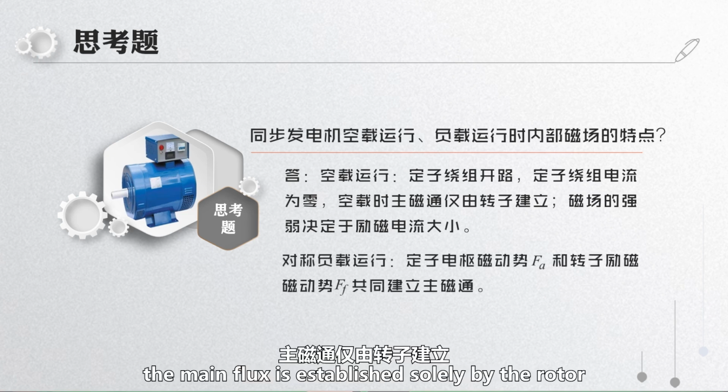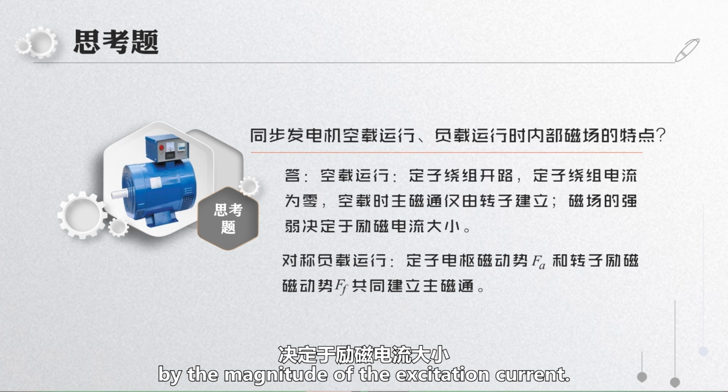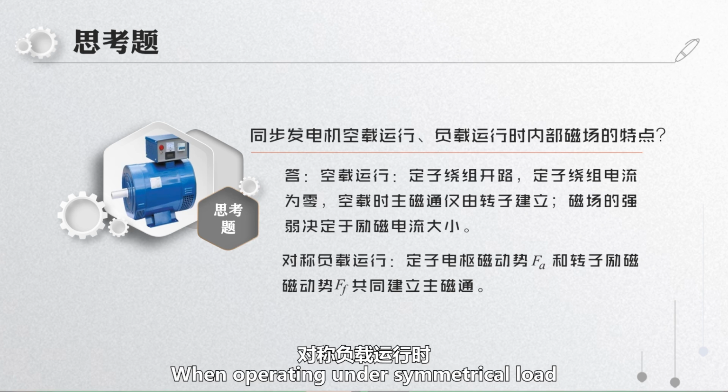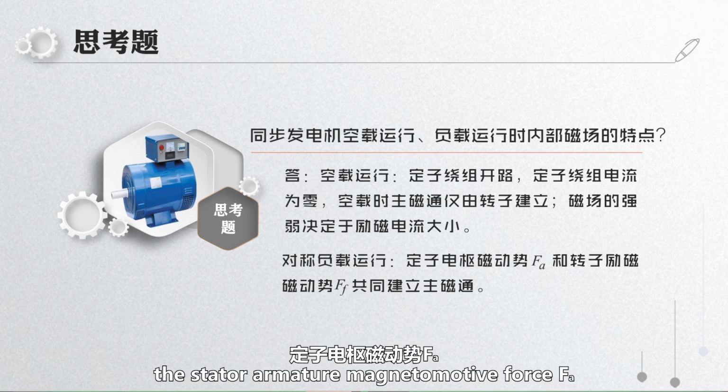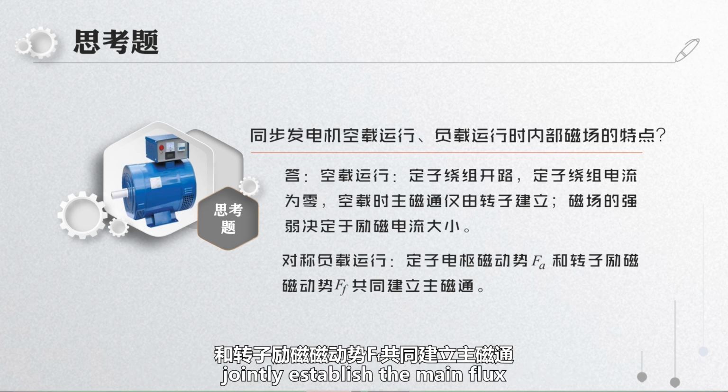When no load, the main flux is established solely by the rotor, and the strength of the magnetic field is determined by the magnitude of the excitation current. When operating under symmetrical load, the stator armature magnetomotive force Fa and the rotor excitation magnetomotive force Ff jointly establish the main flux.